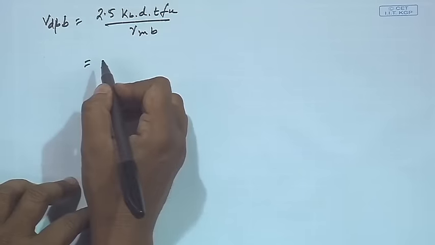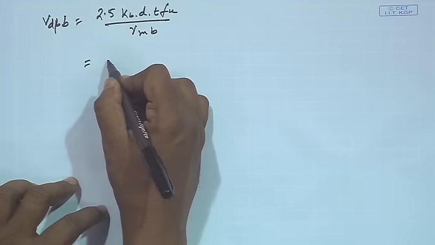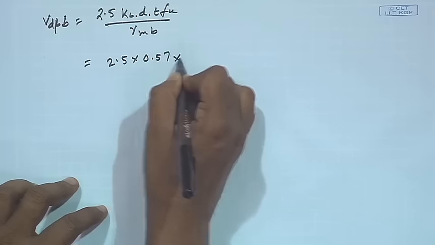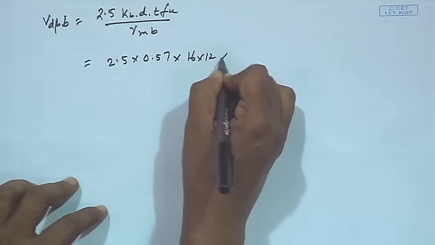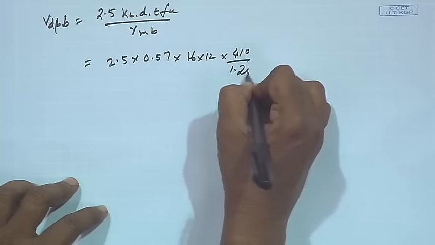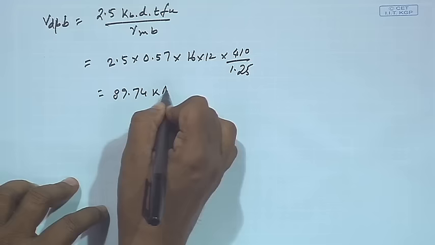So, if I provide this value, that is 2.5 into Kb is 0.57 into 16 into 12 into Fu is 410 by 1.25. So, this is becoming 89.74 kilonewton, right.